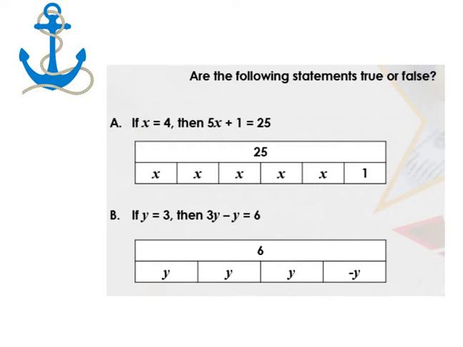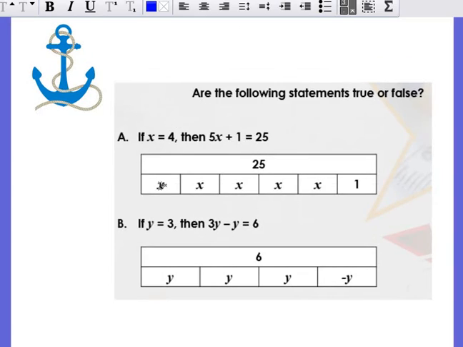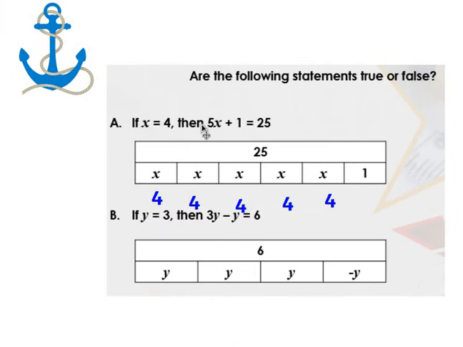So our first anchor question. Are the following statements true or false? If x equals 4, then 5x plus 1 equals 25. So 5x is 5 lots of 4.